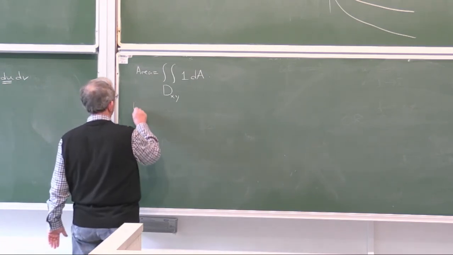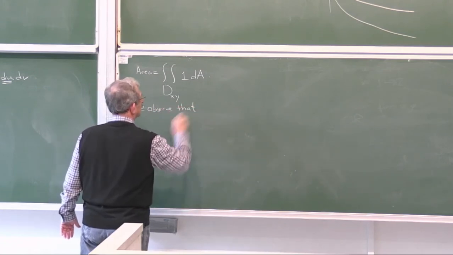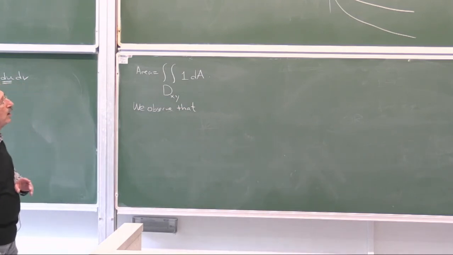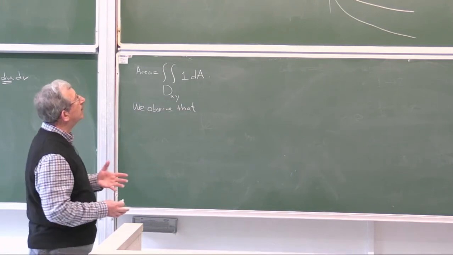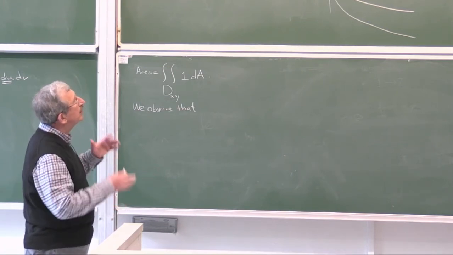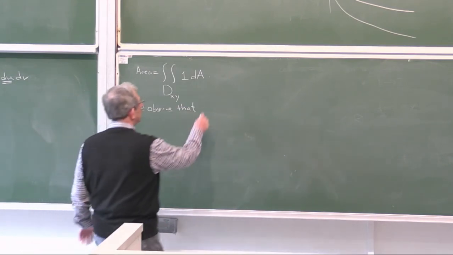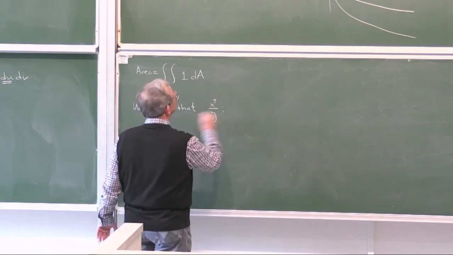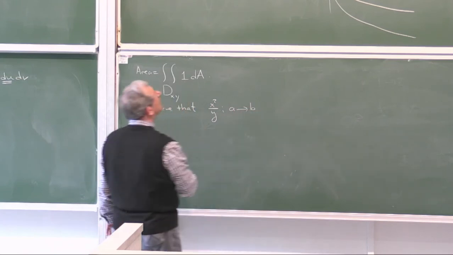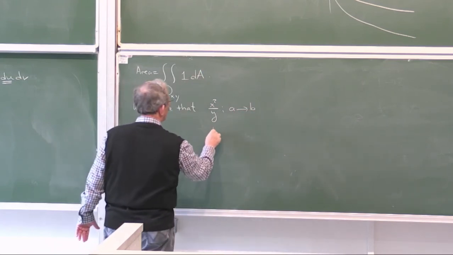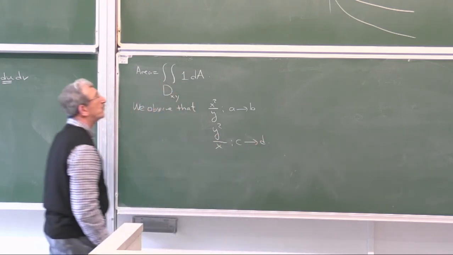Now we observe that in the boundaries of D_xy, some things change between constants. For example, x squared is ay, x squared is by. Which means that x squared over y changes from a to b. Okay. And similarly, for the other one, namely y squared over x, this changes from c to d.